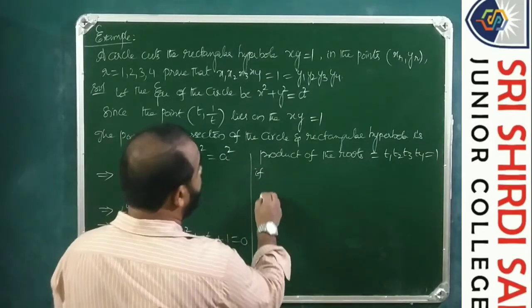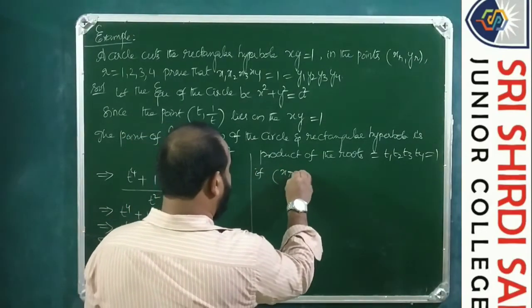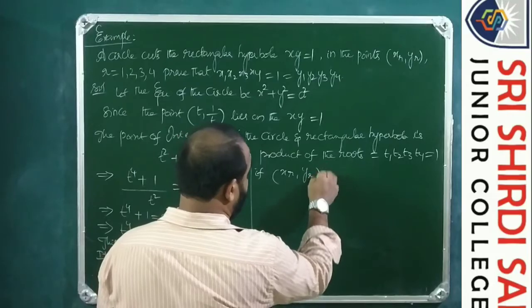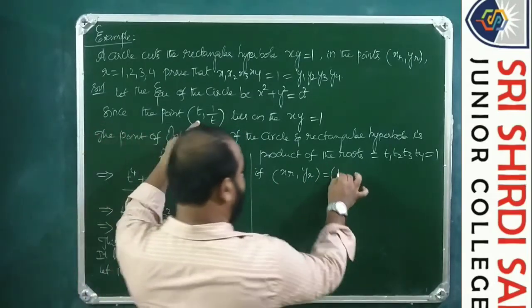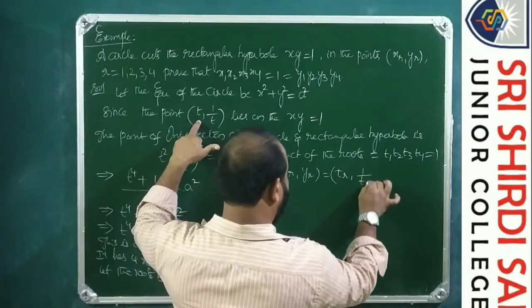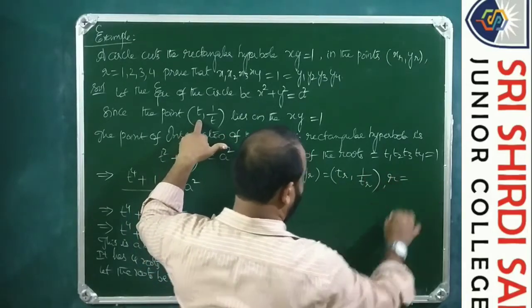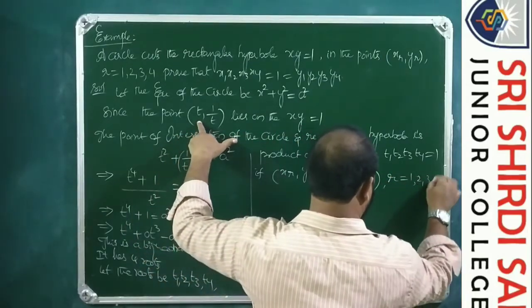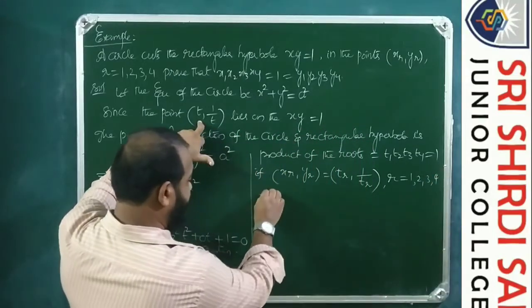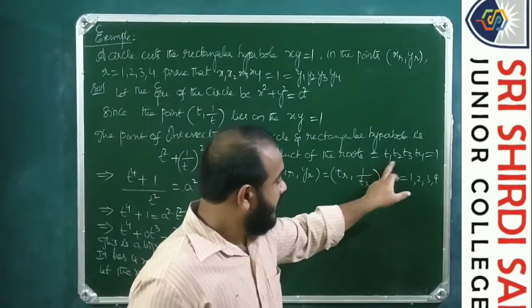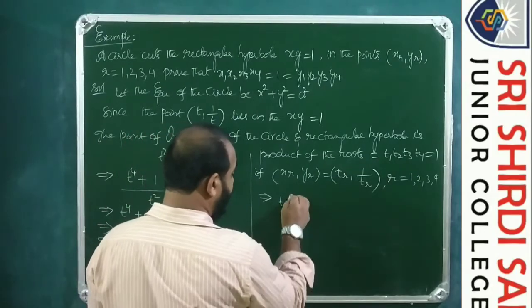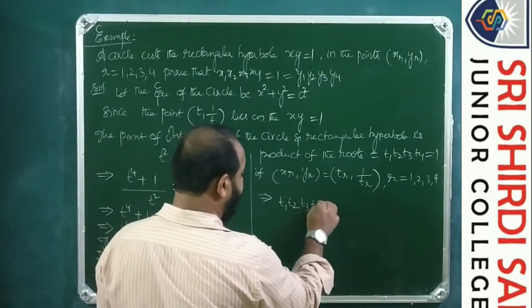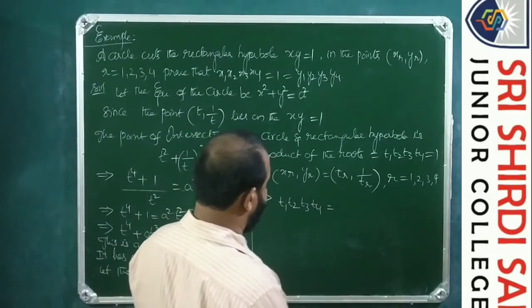If xr, yr is equals to tr comma 1 by tr, where r is equals to 1, 2, 3, 4, then x1, x2, x3, x4 is equals to t1, t2, t3, t4.